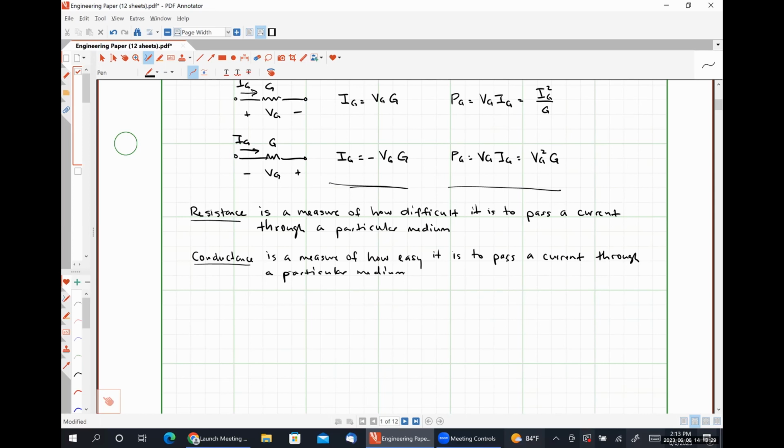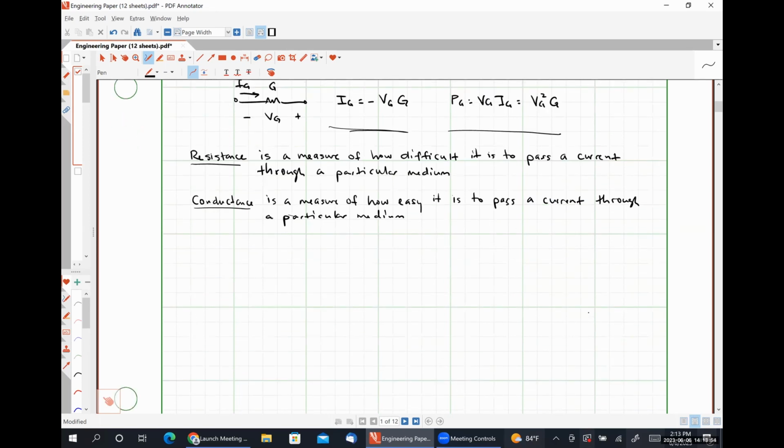As you can probably guess, both resistance and conductance have a dependency on the type of material that we are trying to pass current through. But what may be surprising is that there's also some dependence on the geometrical shape of the object that we're trying to pass current through as well.